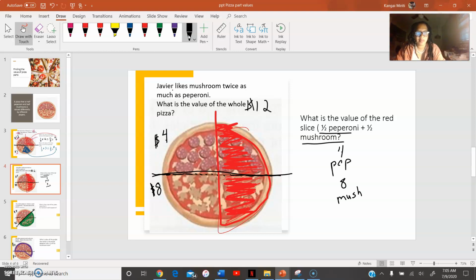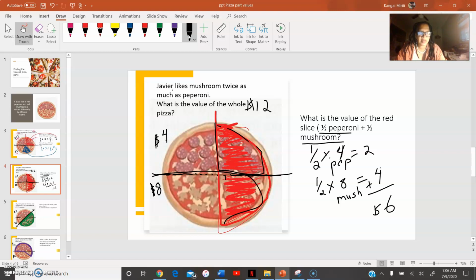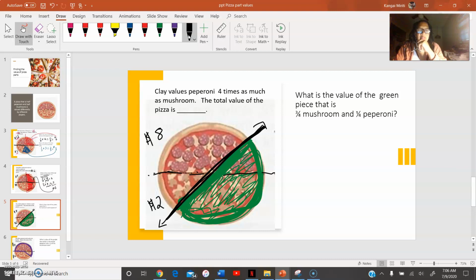But if we halve both of these, because this red slice is only made up of half of the pepperoni and half of the mushroom, so 1/2 of 4 we know is 2, and 1/2 of 8 we know is 4. And when we put these two together, we can see that $6 is what this red piece is worth to Javier. Okay, how are we doing?